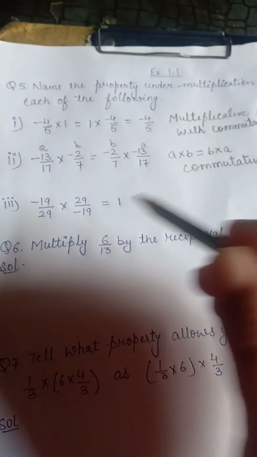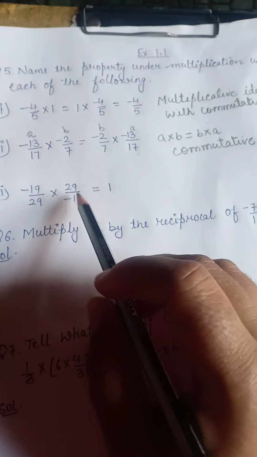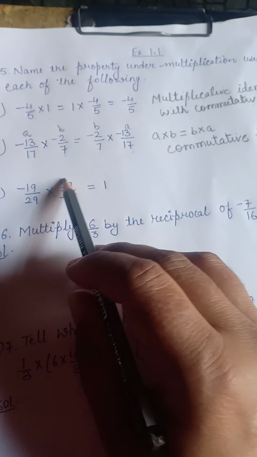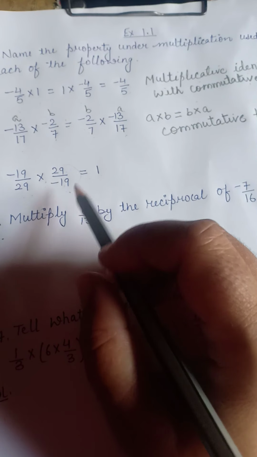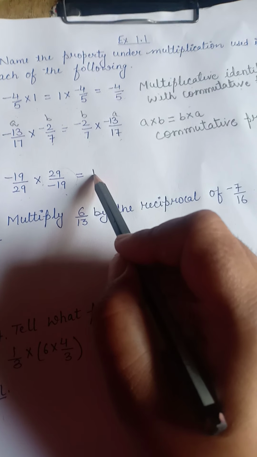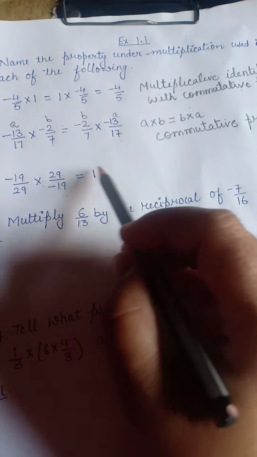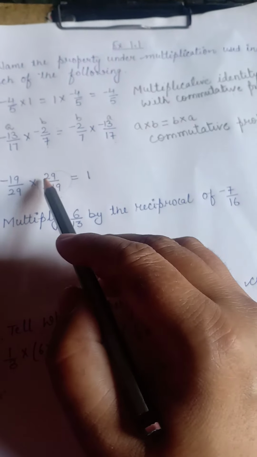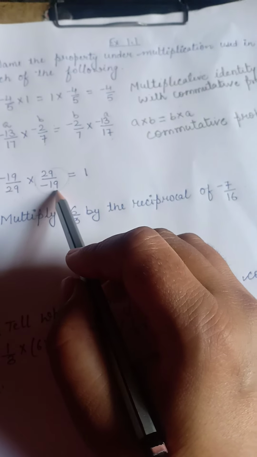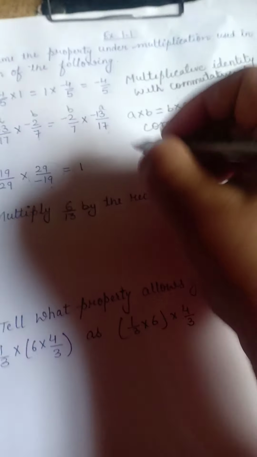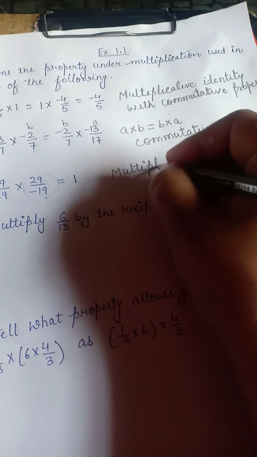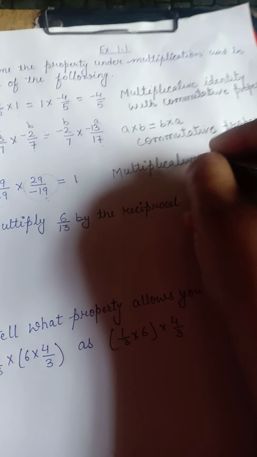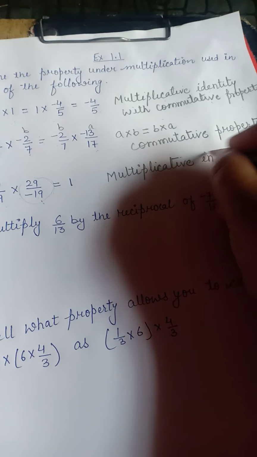If there is a number which is the reciprocal of the first number, then we call this second number the multiplicative inverse, because here the product is given as 1, which is the multiplicative identity. So we can write minus 29 upon minus 19 is the multiplicative inverse. So the property used is multiplicative inverse.